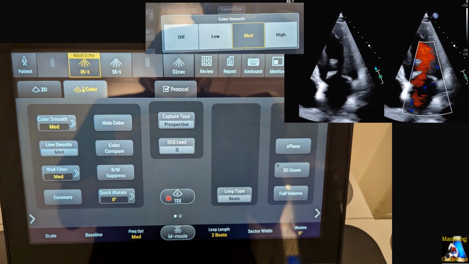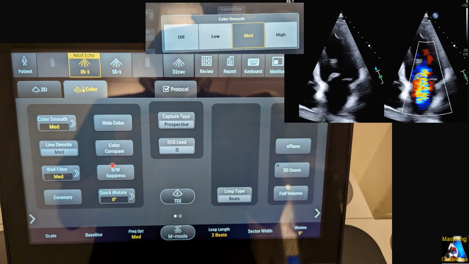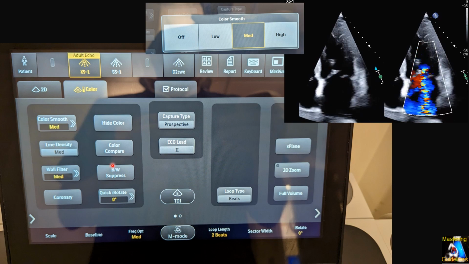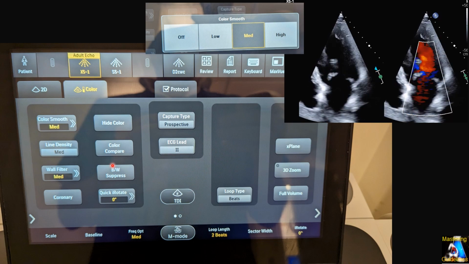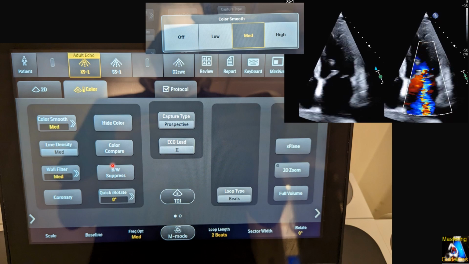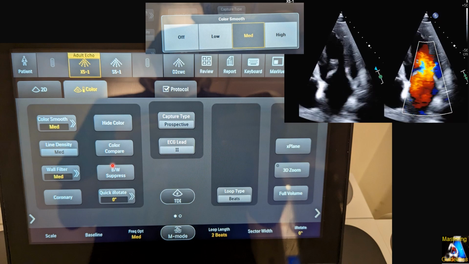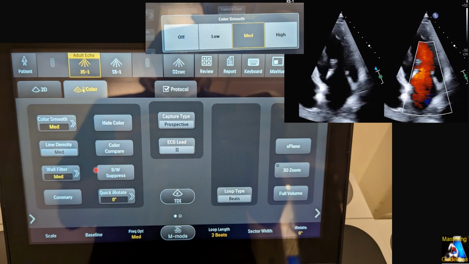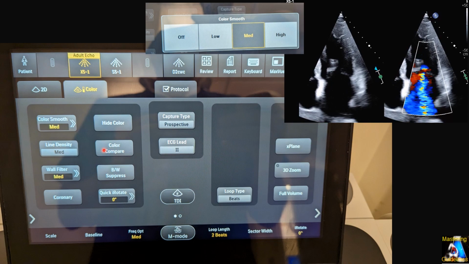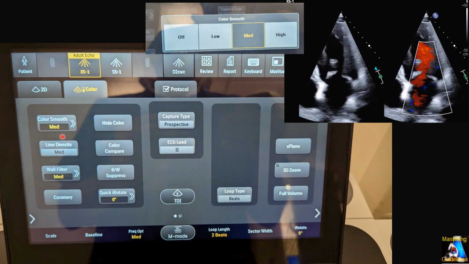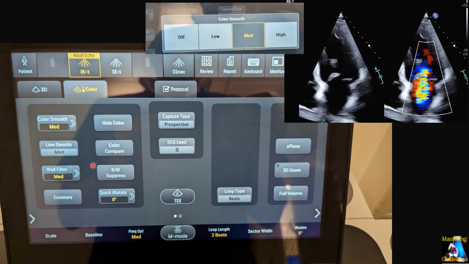The next one is line density. Generally, line density determines how many scanning lines go through the sector width we have. If we increase line density, we increase resolution and get better quality color Doppler, but the disadvantage is that with increasing line density, we lose frame rate.